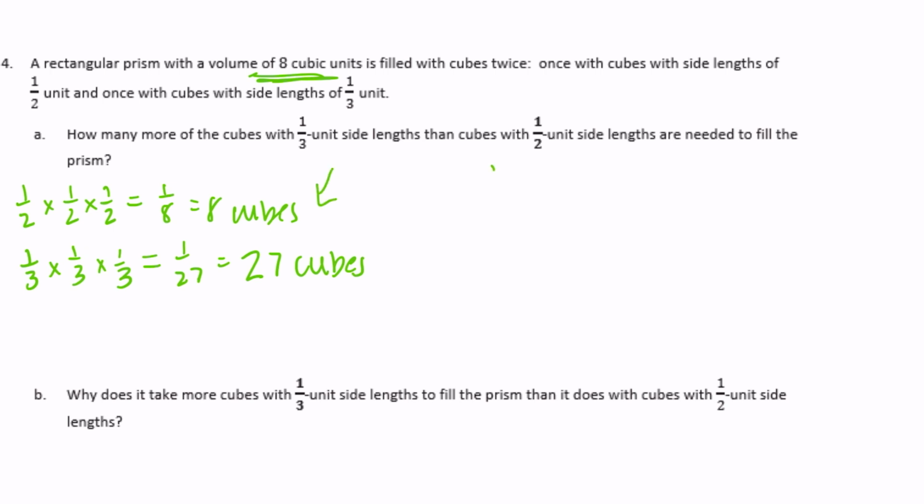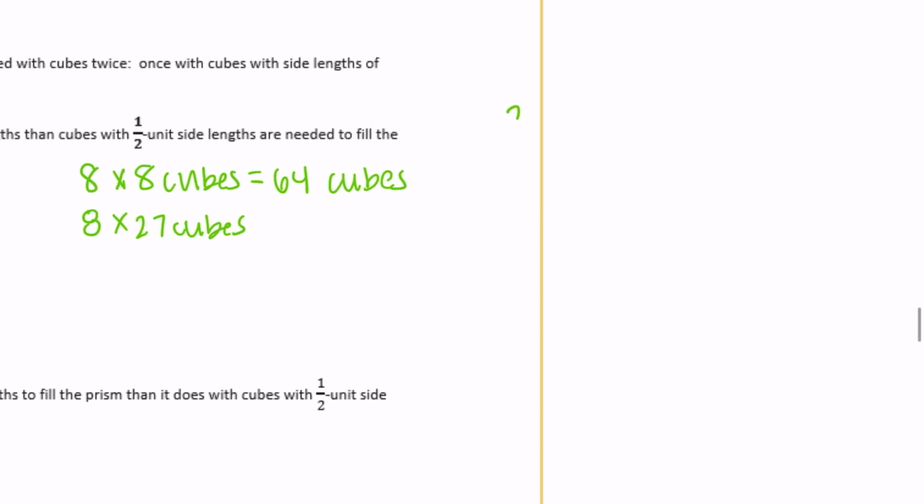If we had 8 whole cubes and 8 cubes fit in each of those, that would be 64 cubes. If we had 8 cubic units times 27 cubes that could fit in each one, 8 times 27, 8 times 2 is 16, plus 5 would be 216 cubes.